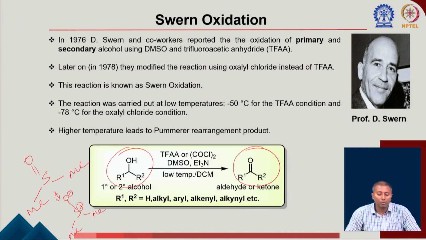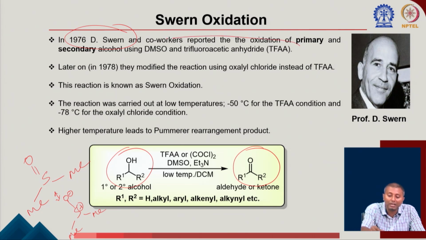Now you can see that by using different other reagents, we have seen acetic anhydride and SO3 pyridine, you have seen oxidation happening from alcohol to aldehyde or ketone. Swern first developed this initially in 1976. Professor D. Swern and co-workers reported the oxidation of primary and secondary alcohols using DMSO and trifluoroacetic anhydride.